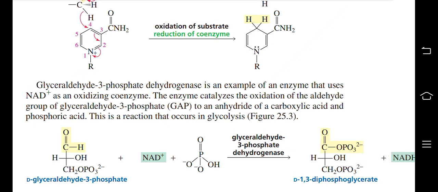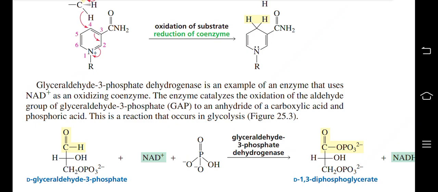Glyceraldehyde 3-phosphate dehydrogenase is an example of an enzyme that uses NAD positive as an oxidizing coenzyme. The enzyme catalyzes the oxidation of the aldehyde group of glyceraldehyde 3-phosphate to an anhydride of a carboxylic acid and phosphoric acid.